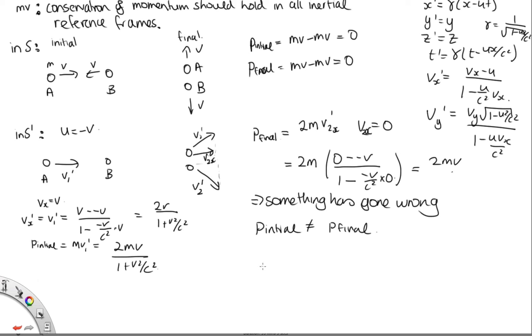So the way around this problem is to actually redefine the momentum as P is equal to mv over the square root of 1 minus v squared on c squared. Now this v is referring to the velocity of the particle, not to this u, the relative movement of the two frames, which if we wrote this as gamma, we're usually referring to the u here.